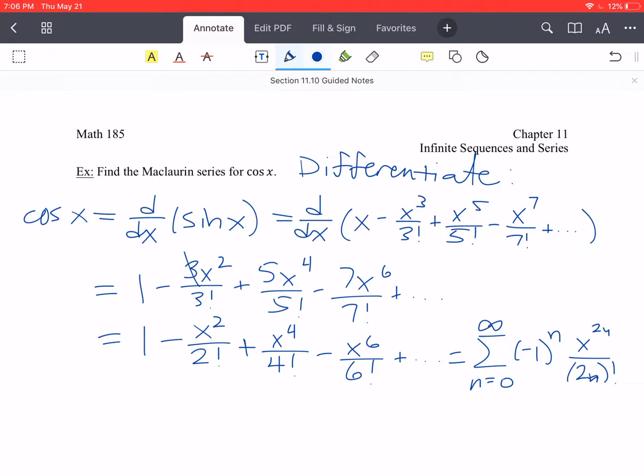Okay. So you notice that the sine basically takes all of the odd powers, the cosine takes all of the even powers. So you can see an interesting relationship between the two of them.